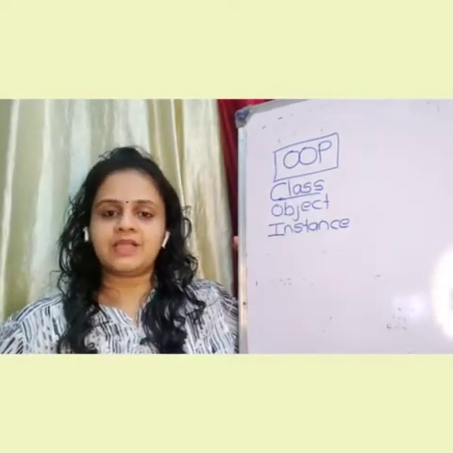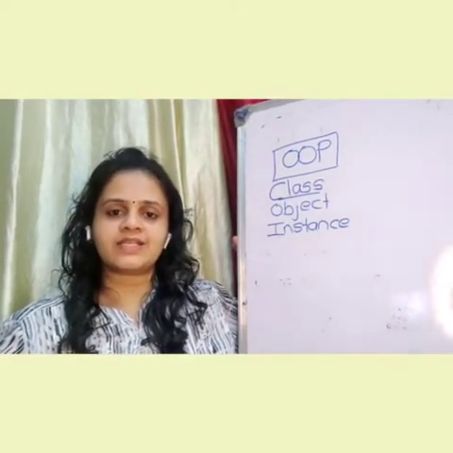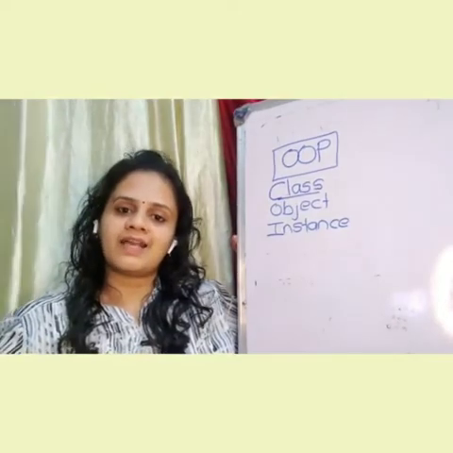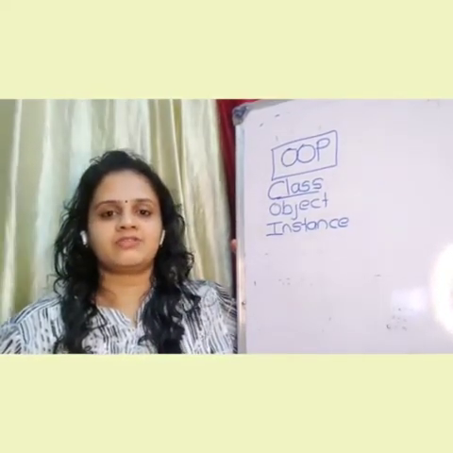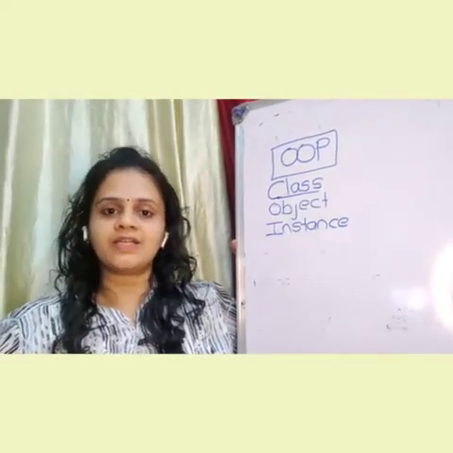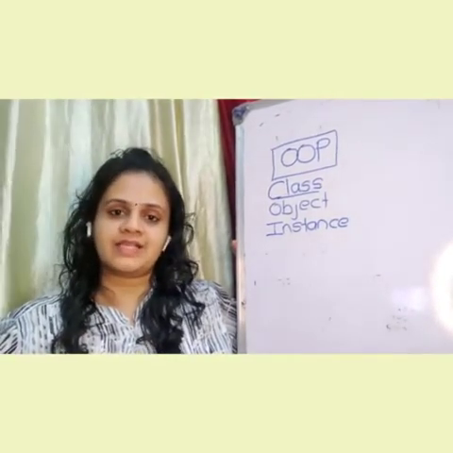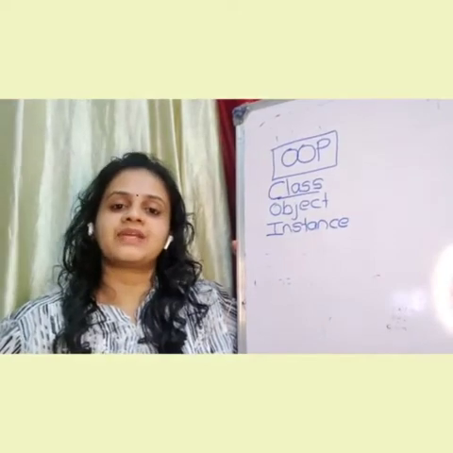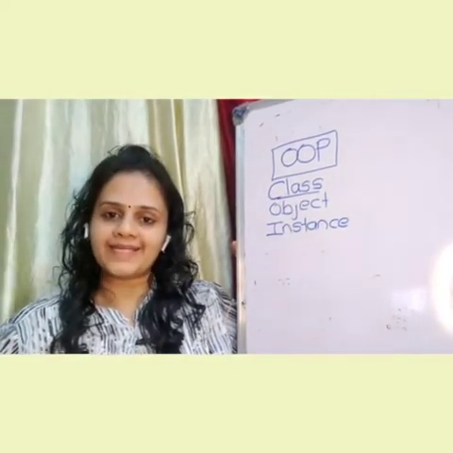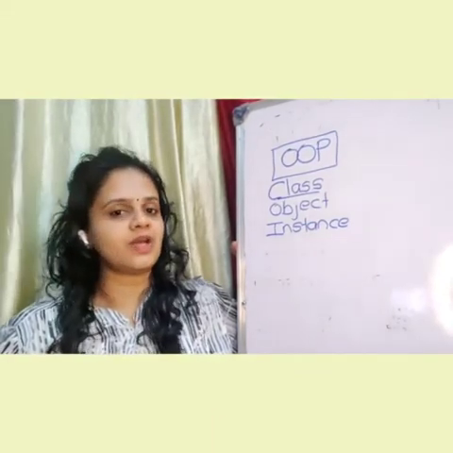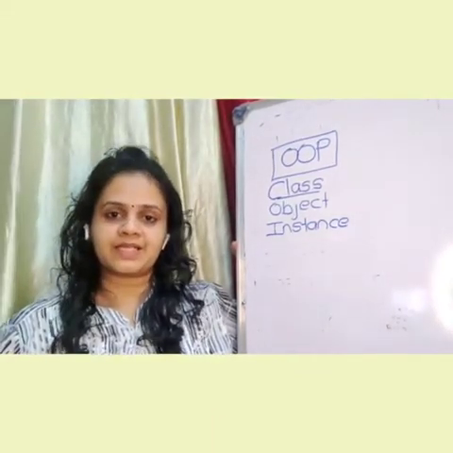For example, you are in the computer science, IF department, so what is common among you? All belong to the computer field, or all belong to the electronic fields. That is a common property. In the same way, class is nothing but combining the common properties into a group.